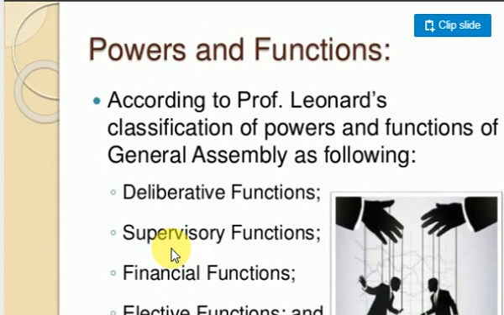Okay, powers and functions. So how does it work? Which are the powers and functions the General Assembly is performing?